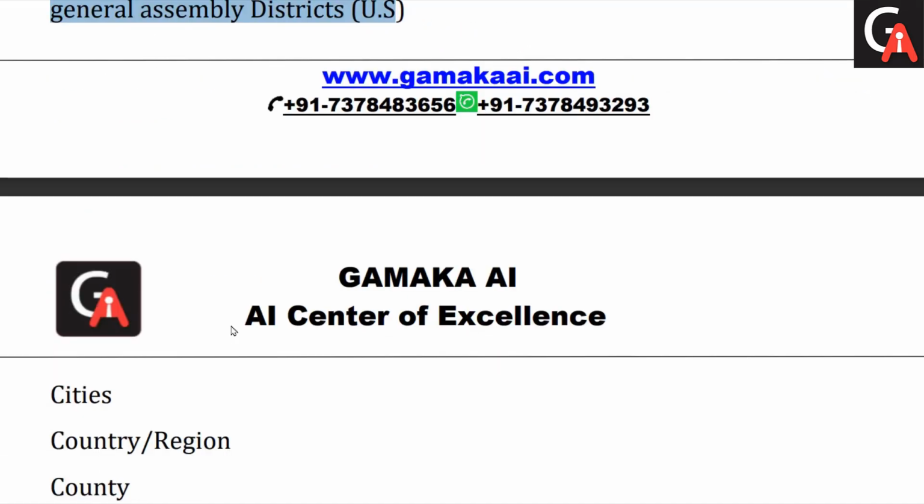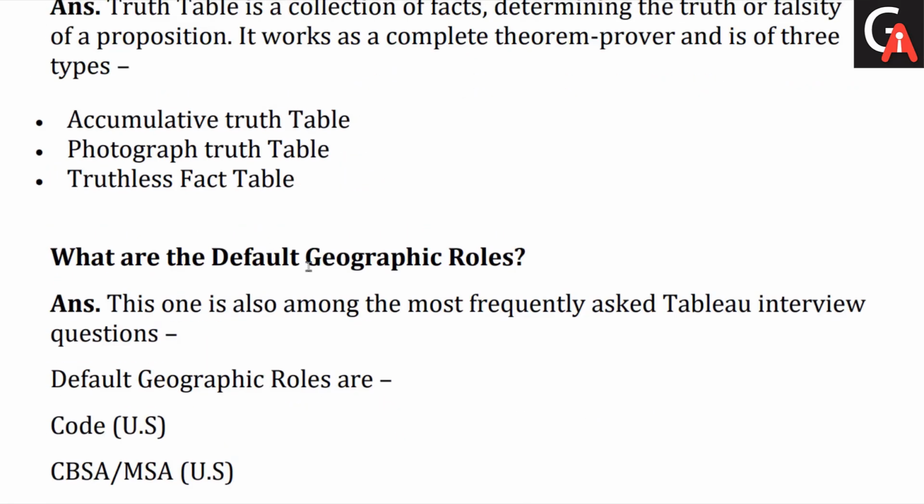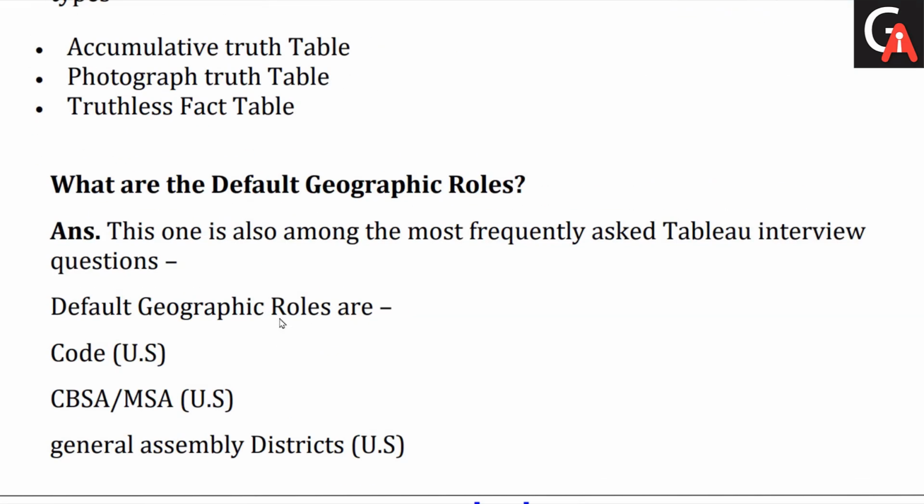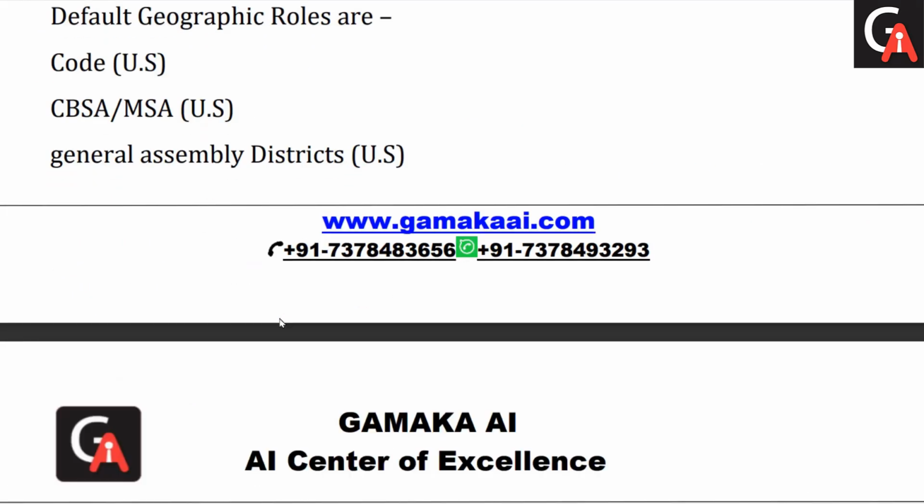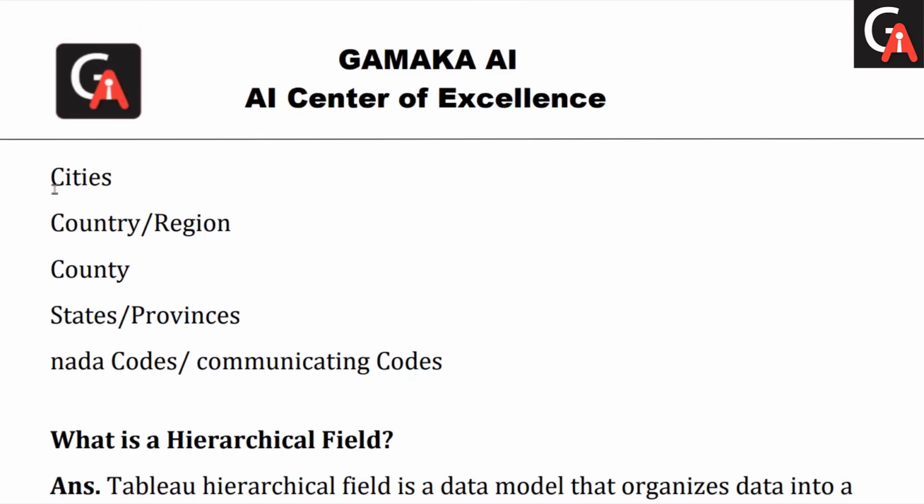These are the codes generated by default in Tableau when we are working with geographical data such as latitude and longitude. Along with that there are others like city, country, region, country code, and state and province. These are the codes we have for communicating geographical insights.